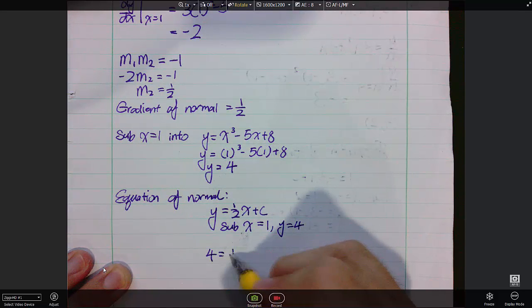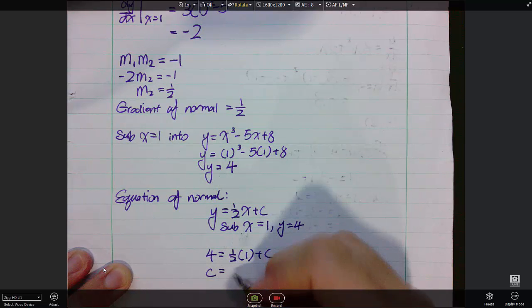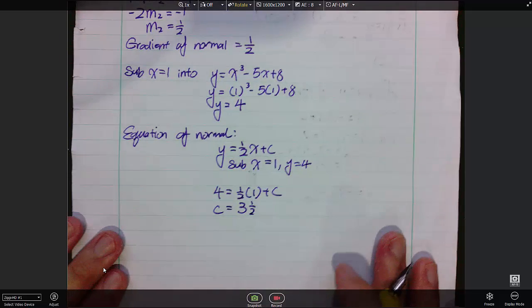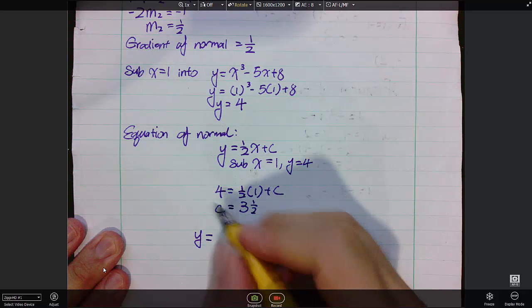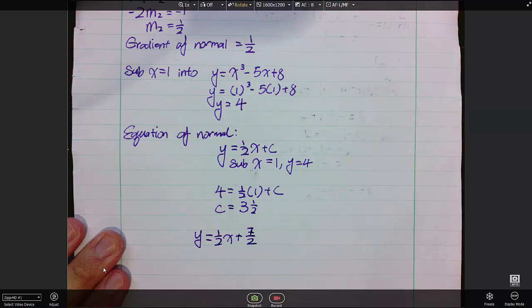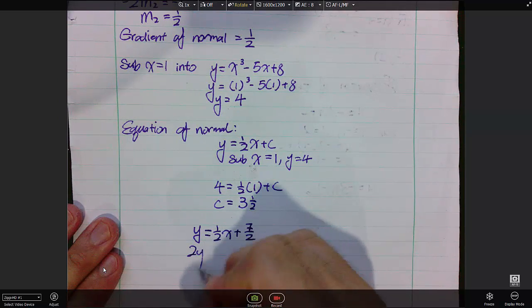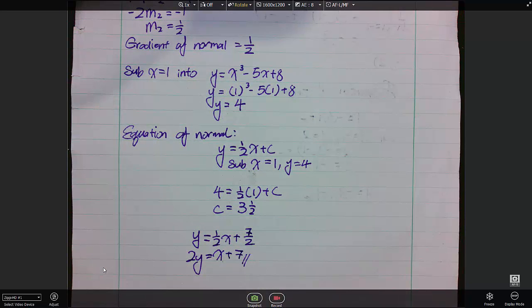So 4 equals a half times 1 plus c. c is equal to 3 and a half. So therefore the equation of my normal is y equals a half x plus 7 over 2. If you want to make it look nicer, you can multiply everything by 2. You get 2y equals x plus 7. And that is the equation of my normal for question 2a.